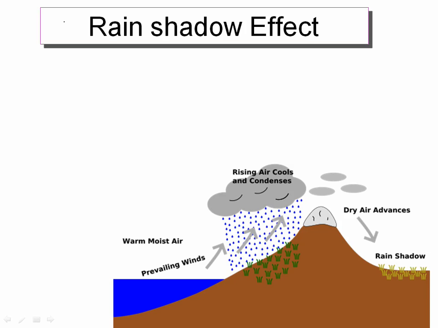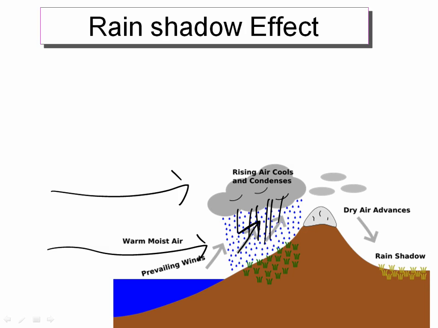With the rain shadow, you have winds coming off the ocean. In this case, it might be the Pacific Ocean. When the wind hits a mountain, it has to go up. And, as before, rising air becomes cool. And cool air cannot hold as much moisture. So the result is you get rain.